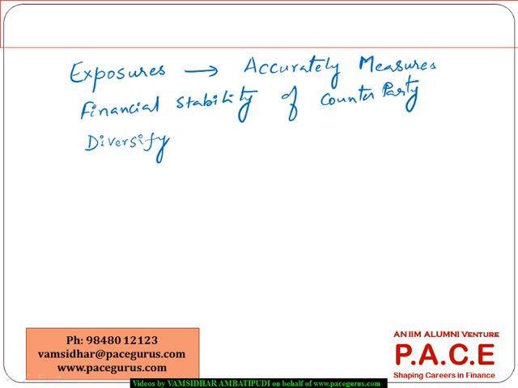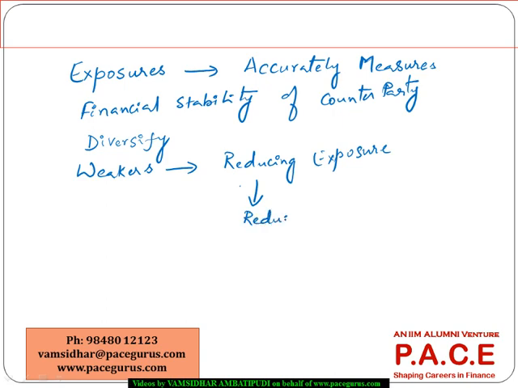And if you see that any counterparty is becoming weaker, try reducing your exposure to that particular counterparty, and try exiting the positions with respect to that counterparty. That means you reduce the volume of transactions, the number of transactions you do with that counterparty, or you could demand more and more collateral from that particular counterparty.